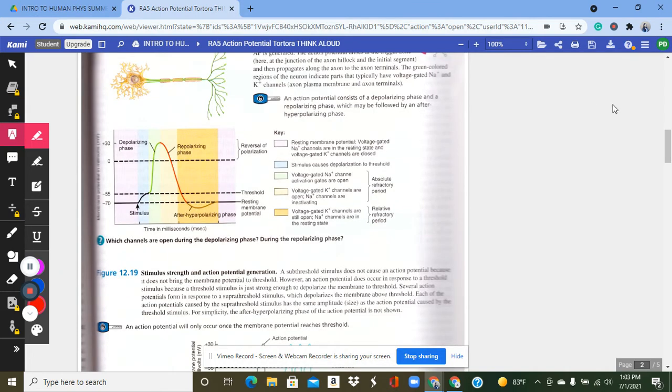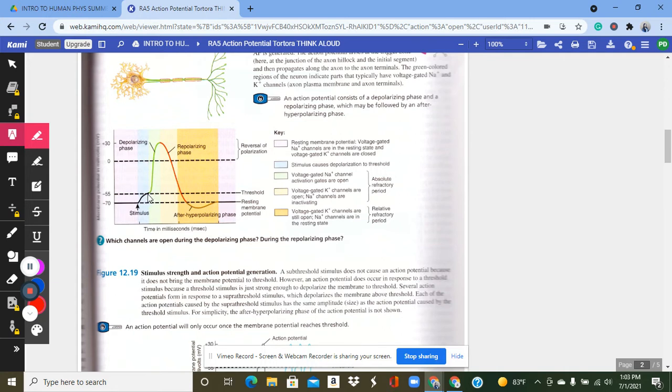So let's look over this graph on the left. This is the resting membrane potential. Voltage-gated sodium channels are in the resting state, and voltage-gated potassium channels are closed. Stimulus causes depolarization to threshold.